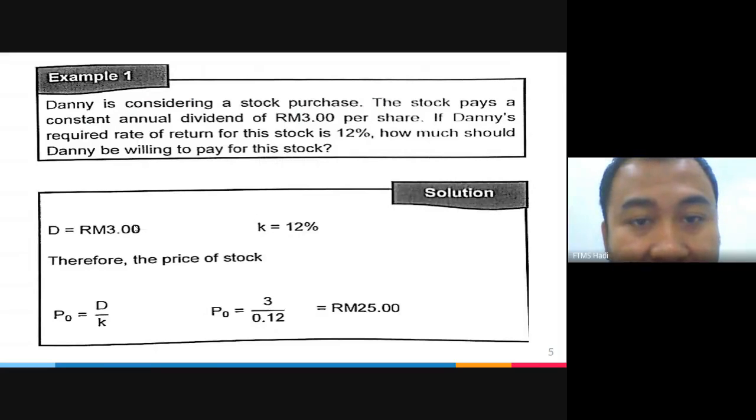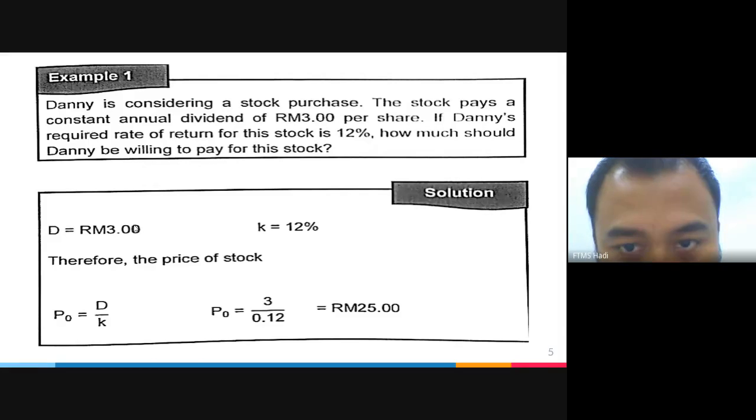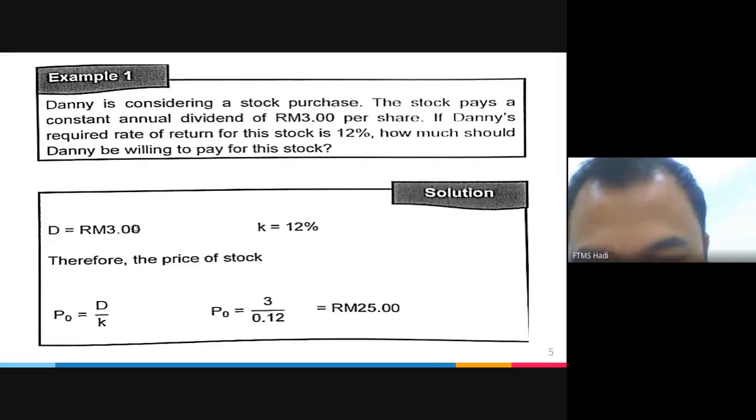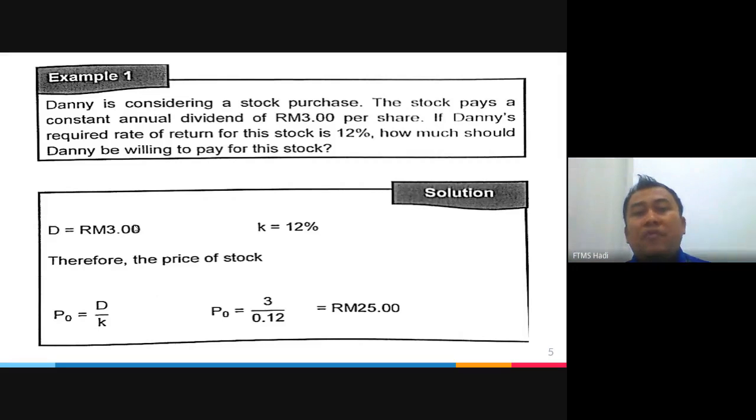So Danny is considering a stock purchase. The stock pays a constant annual dividend of RM3 per share. If Danny's required rate of return for this stock is 12%, how much should Danny be willing to pay for this stock?